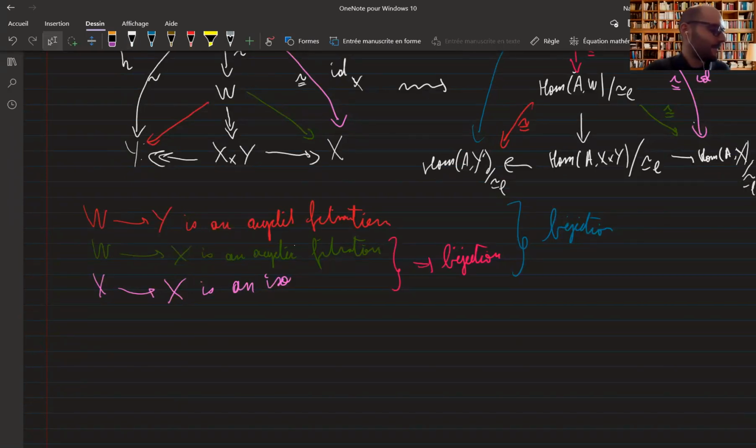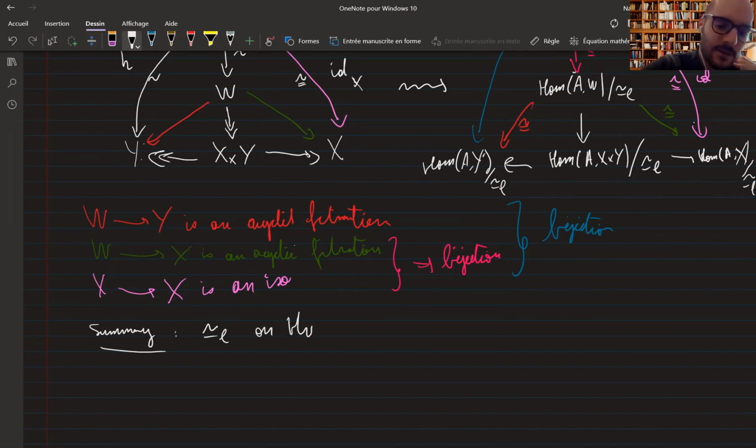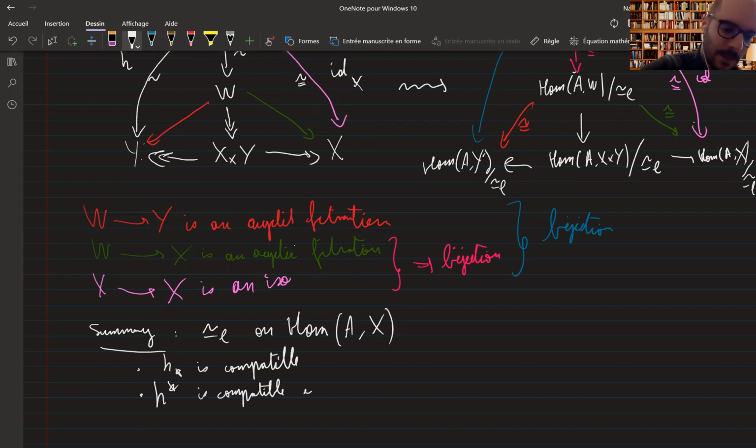Okay, so just as a summary of all we've done so far, we have a notion of left homotopies on Hom of A, X. So post-composition, H star, is compatible all the time. Pre-composition is compatible if X is fibrant.